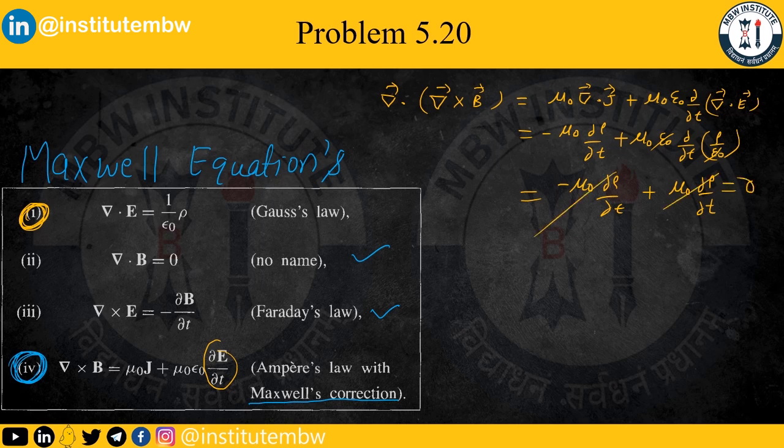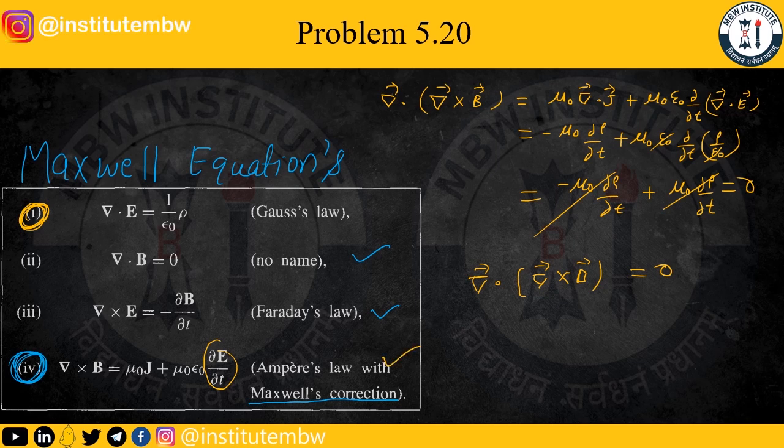So with Maxwell's correction, we are getting the divergence of curl is 0. We get del vector dot del vector cross B vector is equal to 0. So with the Maxwell correction, this fourth equation is also correct.